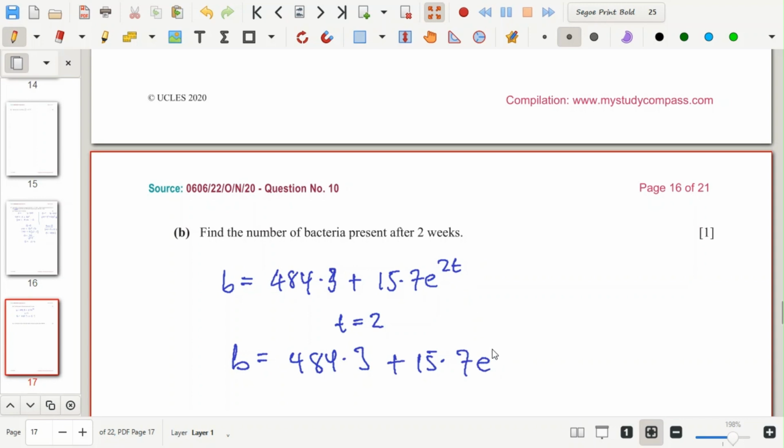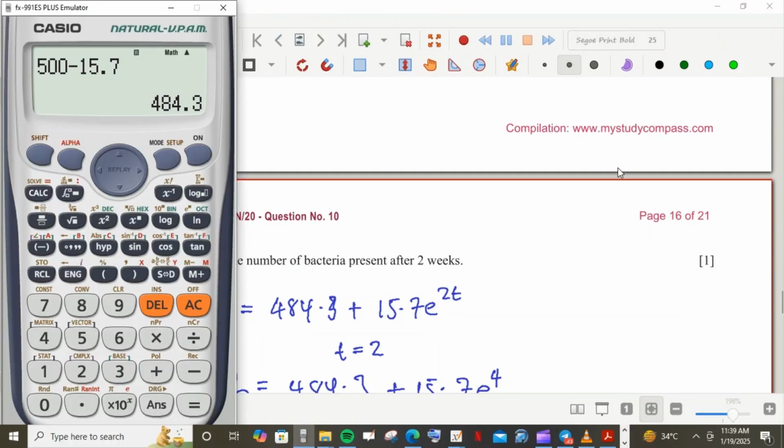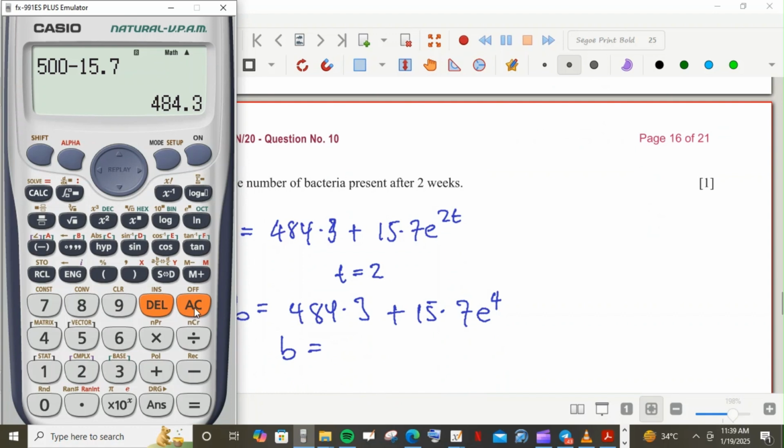So 2 times 2 is 4. So find the value of this for me. Let's see. 484.3 plus 15.7 e to the power 4.